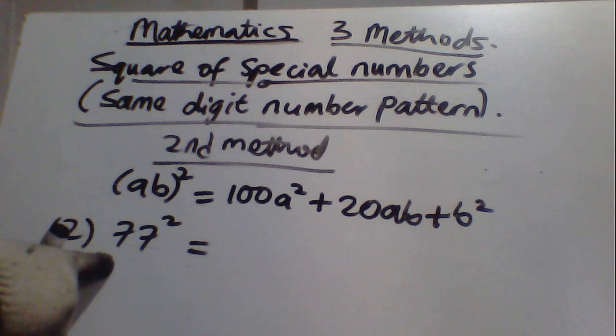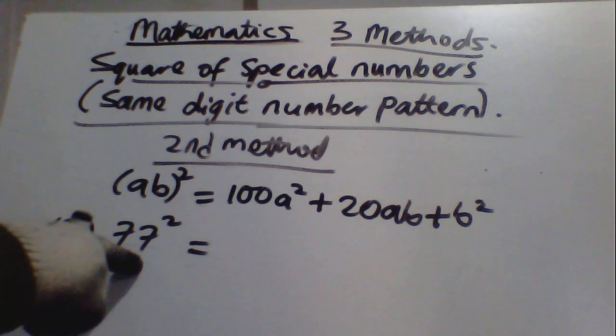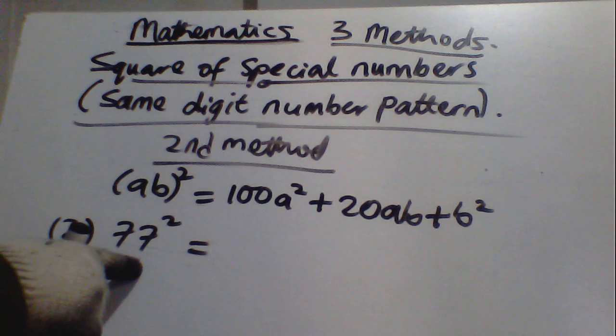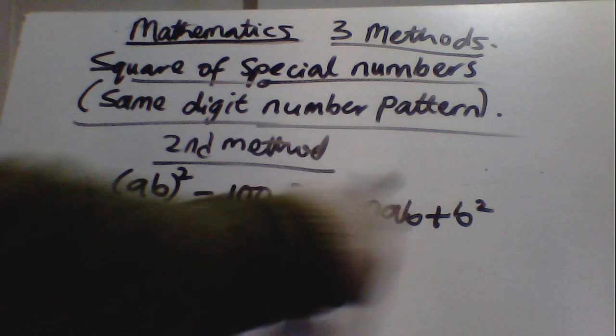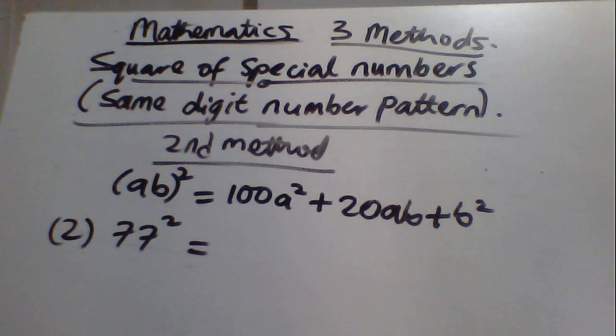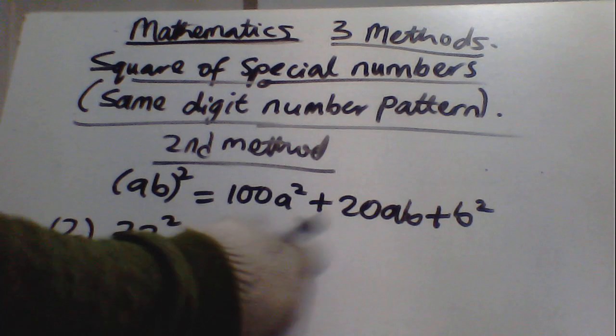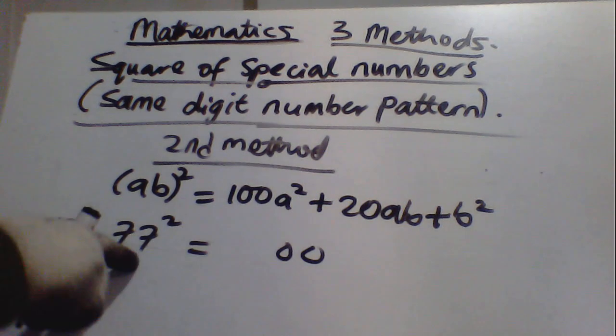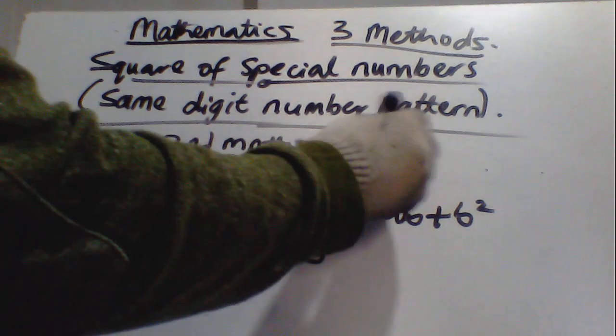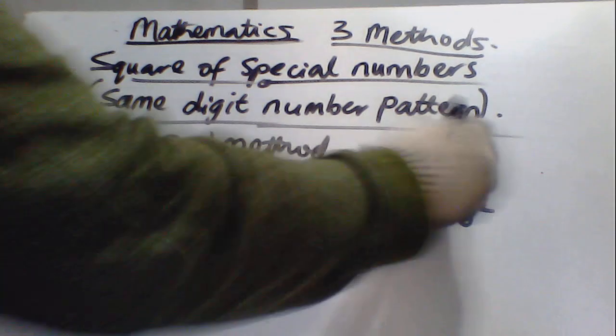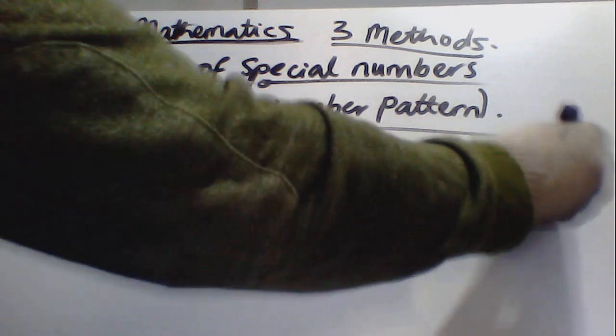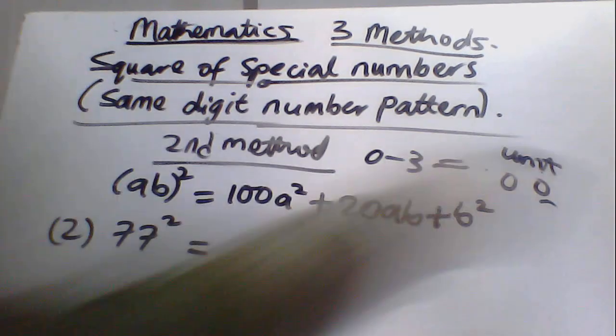Another trick here is, if you are using this formula, the last 2 digits will be 0, 0, and this is 7. 0 to 3 will only occupy the unit. If you have 2 0s, it will only occupy the unit.